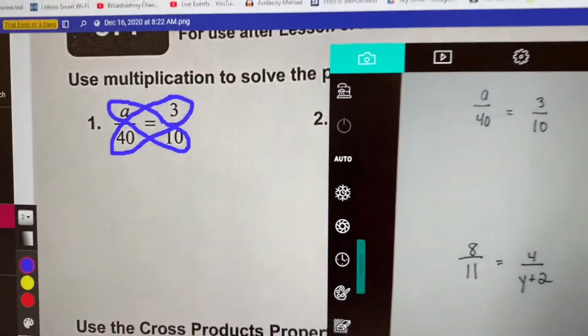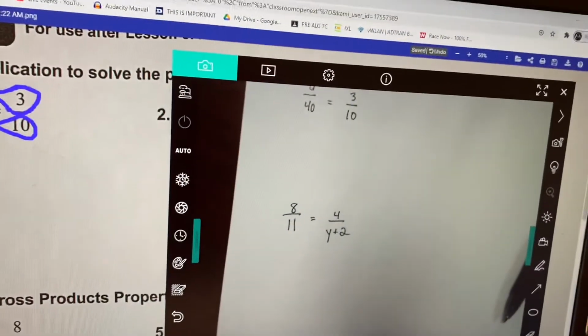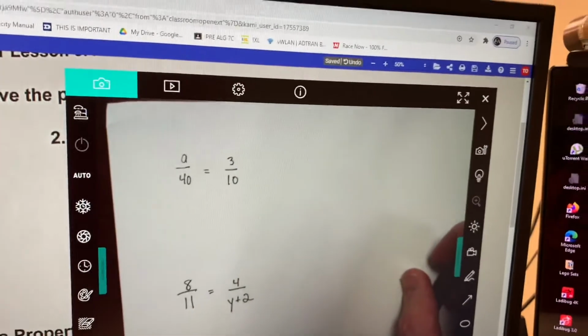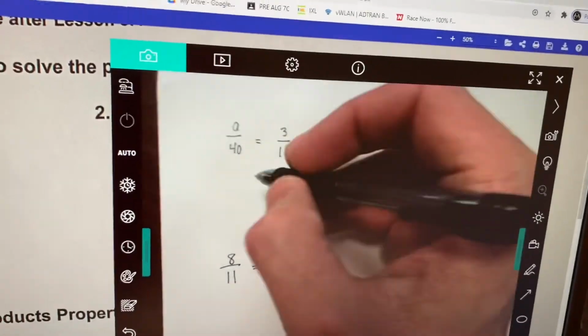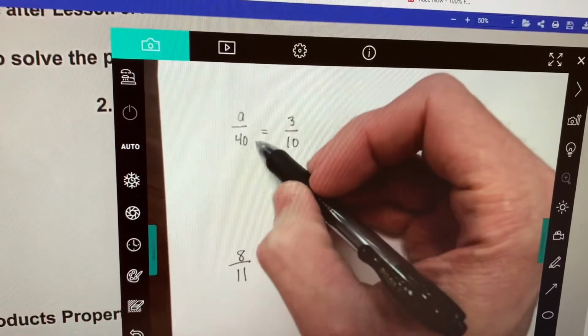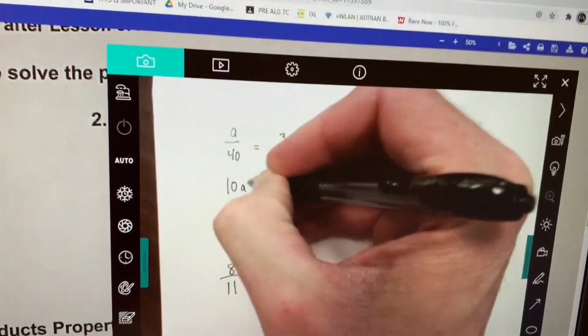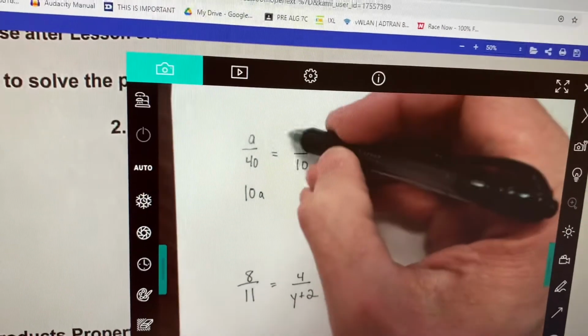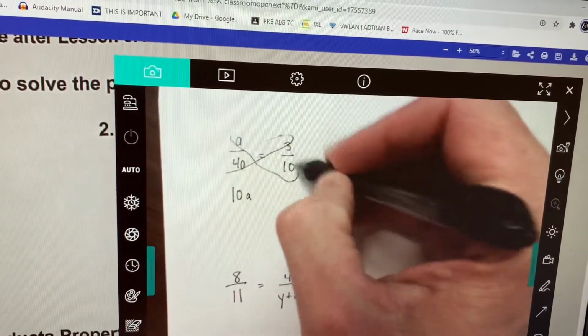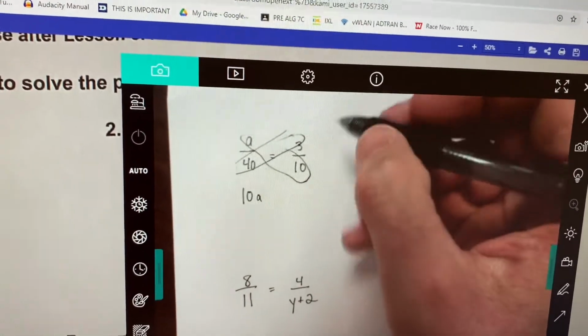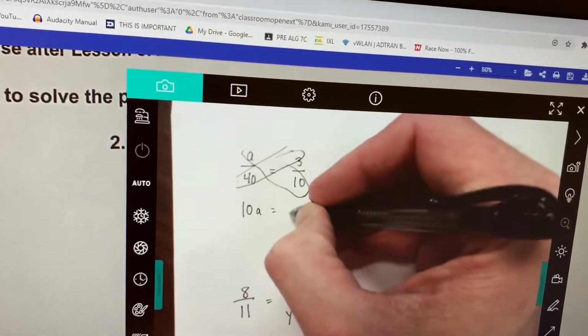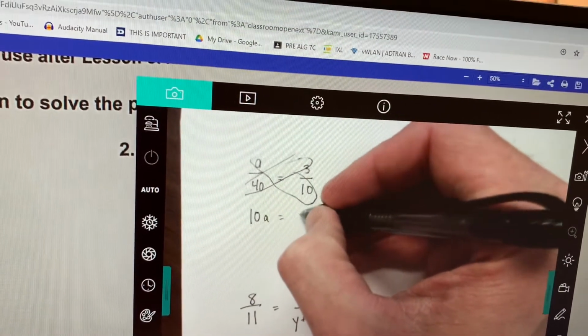So if you look at this on the paper, if I did A times 10, that would give me 10A. And then the 40 times the 3, I'll put my diagonal circles in, that gives me 120.